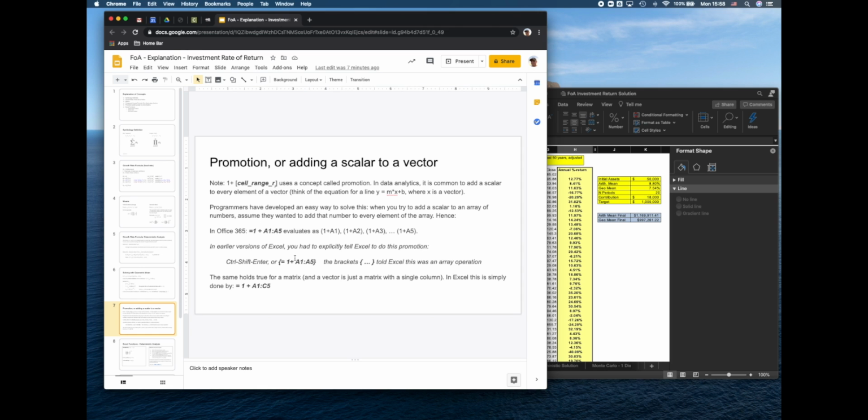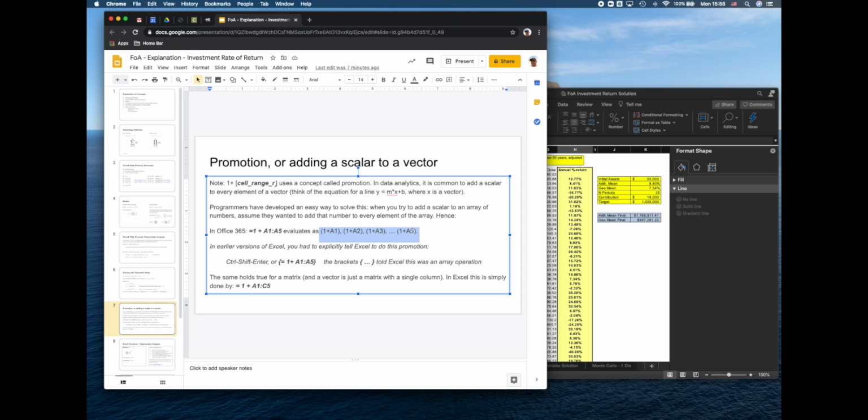And nobody ever wanted to type 1 plus A1, 1 plus A2, 1 plus A3. So they came up with a shorthand way to do it and just said, if you ever take a number and add it to a range of cells, I'm just going to go ahead and assume you wanted to add that number to all of the cells.